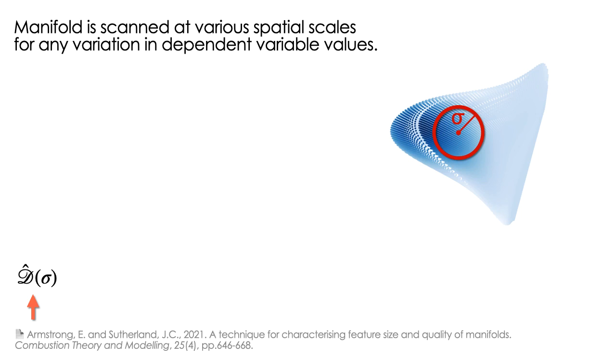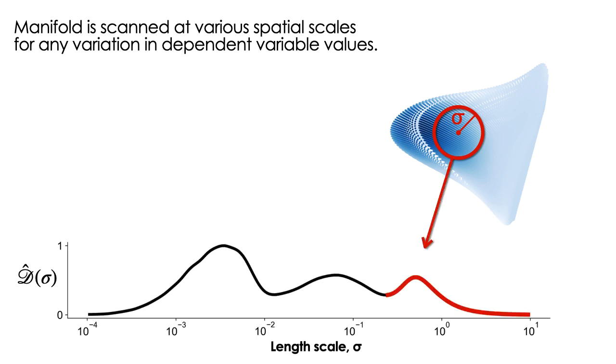So if my dependent variable in this case is that blue color that colors the manifold, then I can scan that manifold at those biggest length scales denoted by sigma. And if I see some variation in the dependent variable at those length scales, then it will manifest itself as that rightmost peak in this D-hat metric profile.